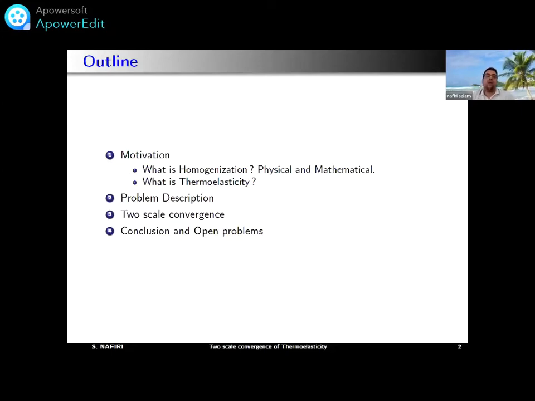Then I will recall some results from thermoelasticity, since Iman has already talked about thermoelasticity. After that, I will describe the main problem of this talk to arrive at the method of two-scale convergence, and then I will close my talk with some open problems.